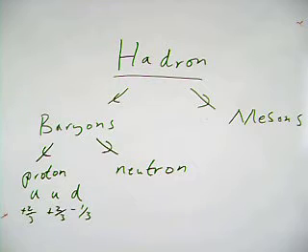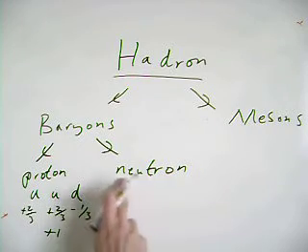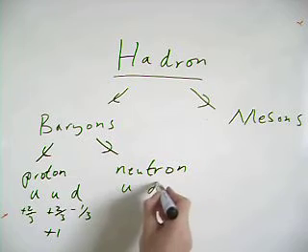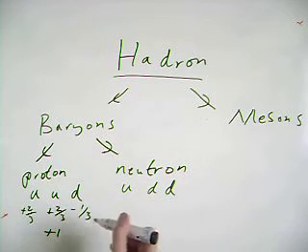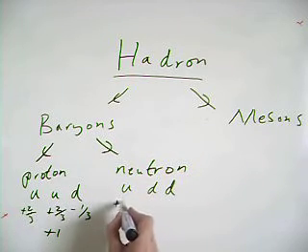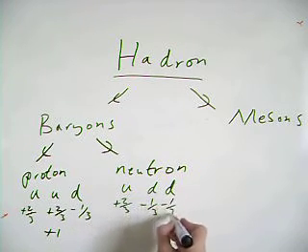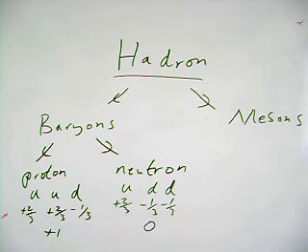If we combine all those charges together, you can see that comes to plus 1. A neutron, on the other hand, neutral, no charge, is an up quark and 2 down quarks. We look at why: we've got plus 2/3 charge from the data sheet, minus 1/3, minus 1/3. That comes to a total charge of 0.